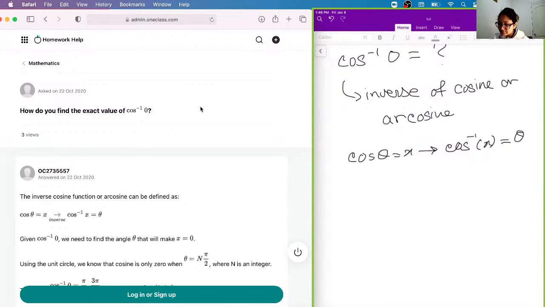Given our inverse of cos of 0, we need to find the angle that will make x equal to 0, basically.